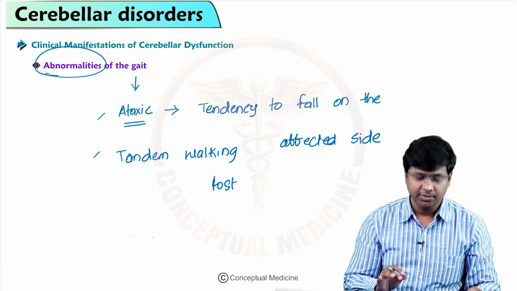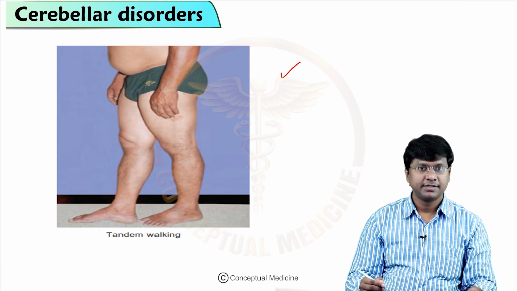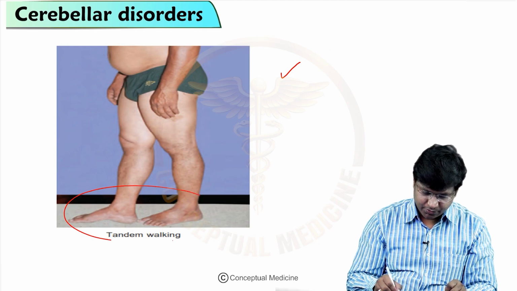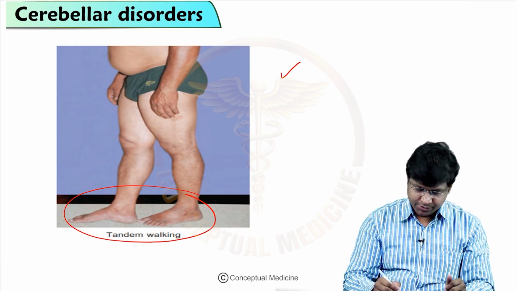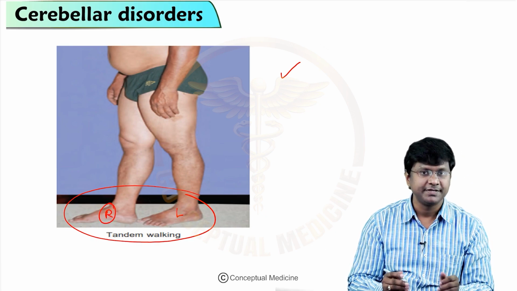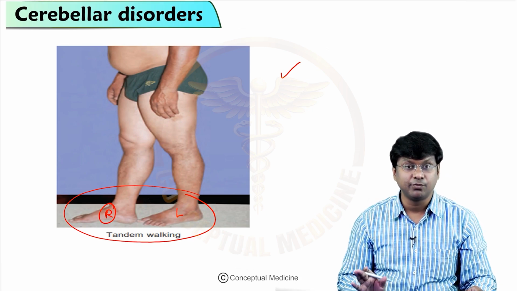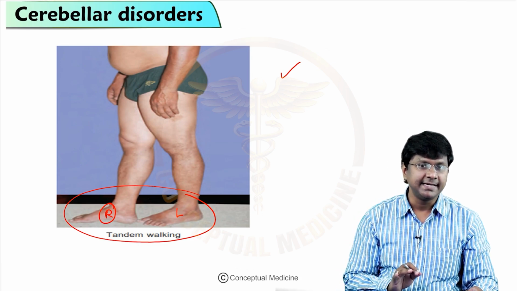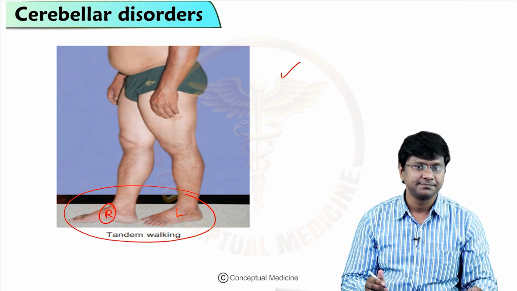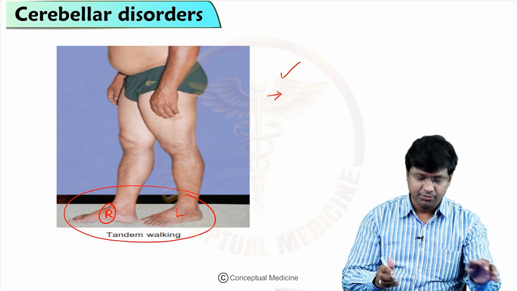Now let me show you the tandem walking. Here the individual is asked to walk on a single line, step by step. After keeping the left step, exactly in front of that the right step has to be placed. In this way he has to walk, and that is what is called tandem walking. This is not possible, or it is lost, in case of cerebellar dysfunction.